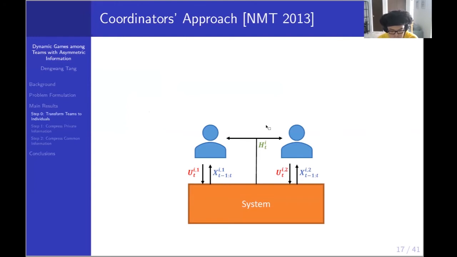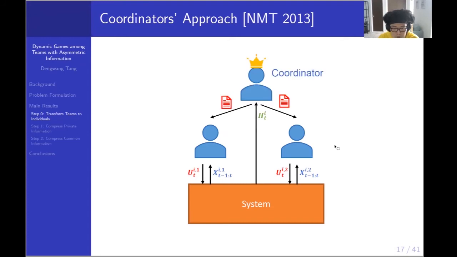The members of this team have some information in common, shown in green, and they also have their respective private information, in blue. The idea is to introduce another decision maker, called the coordinator, into the team. The coordinator knows the common information and only the common information, not the private information.